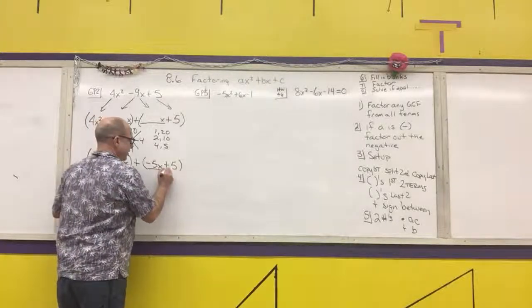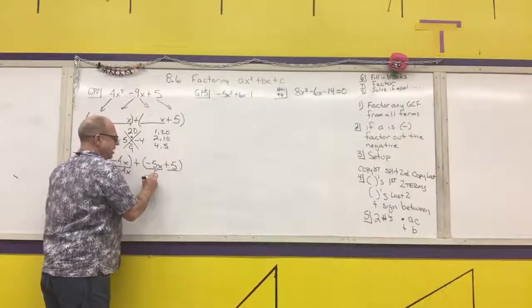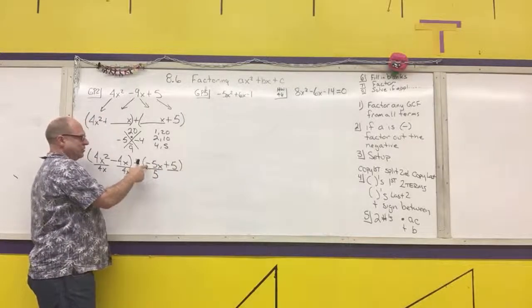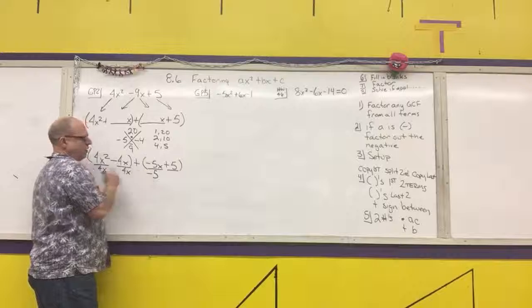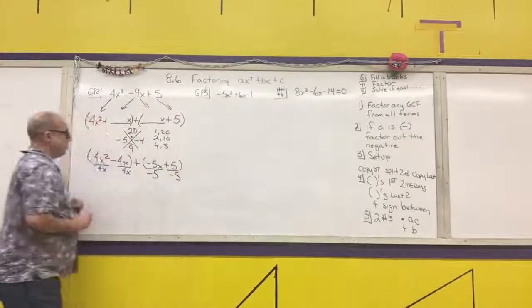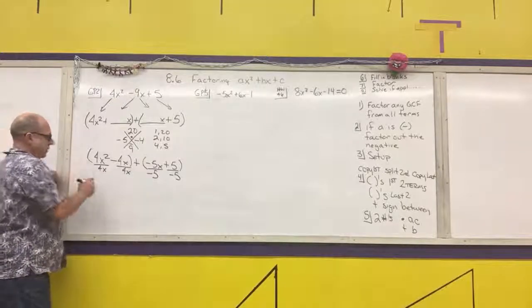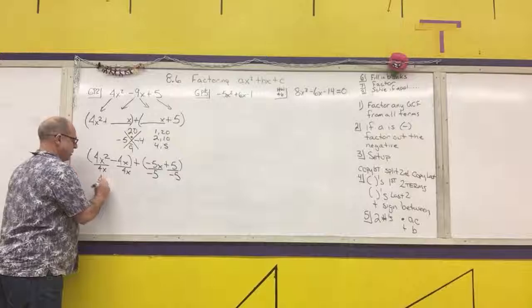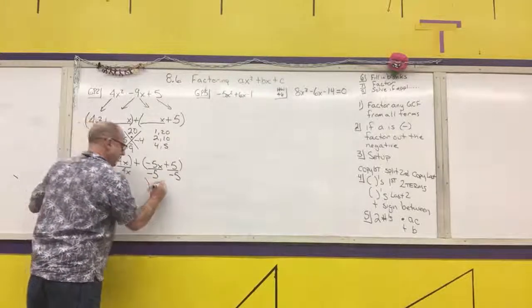Greatest common factor of the last group between negative 5 and 5 is 5. However, if there's a negative sign out front here, you always pull the negative sign out with the number. And what I'm going to do is put the 4x in front of this group. I am going to put the negative 5 in front of this group.